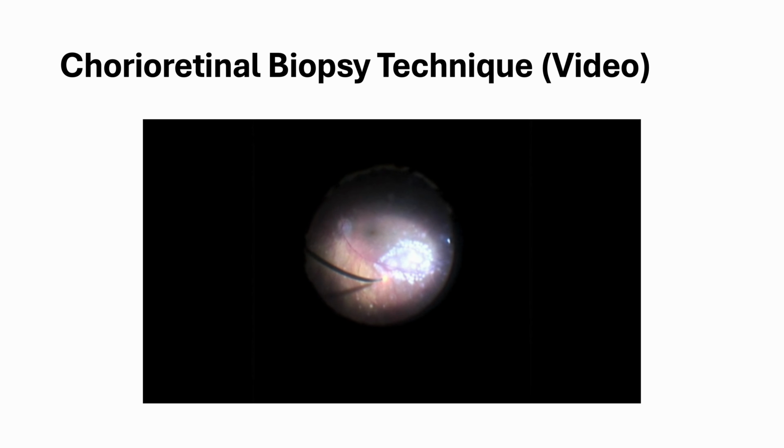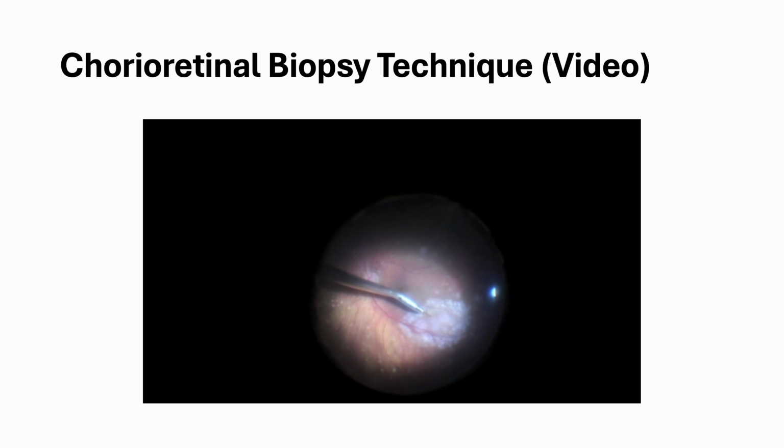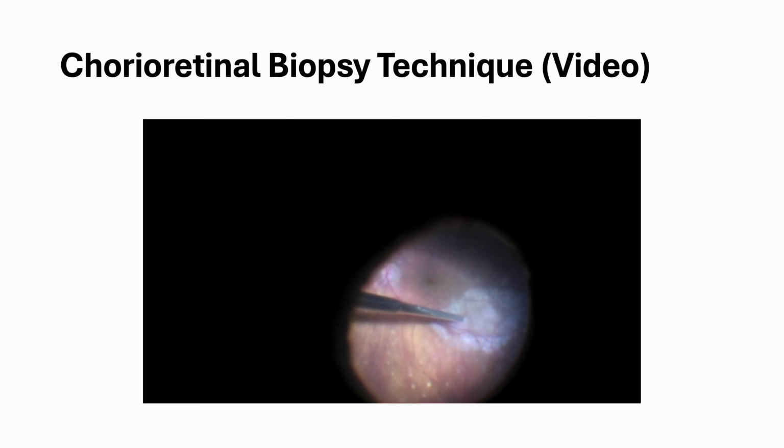After complete barricade has been achieved, a 33 gauge subretinal cannula is used to pierce the retina. Fluid is infused underneath the retina, raising a small bleb of retinal tissue.